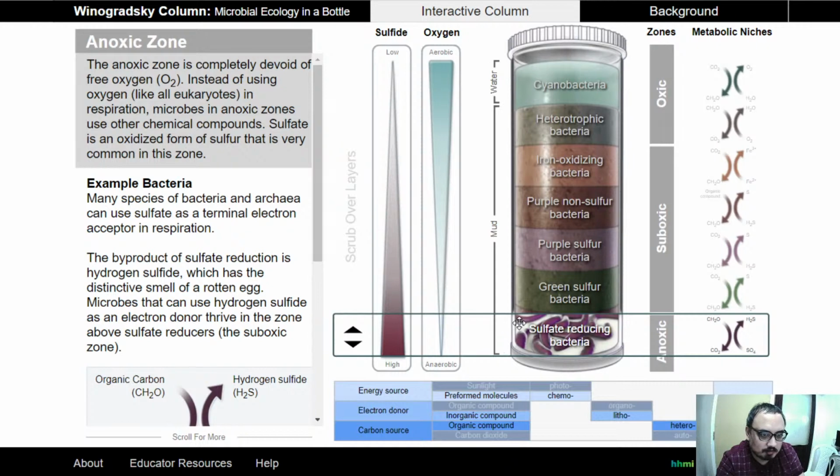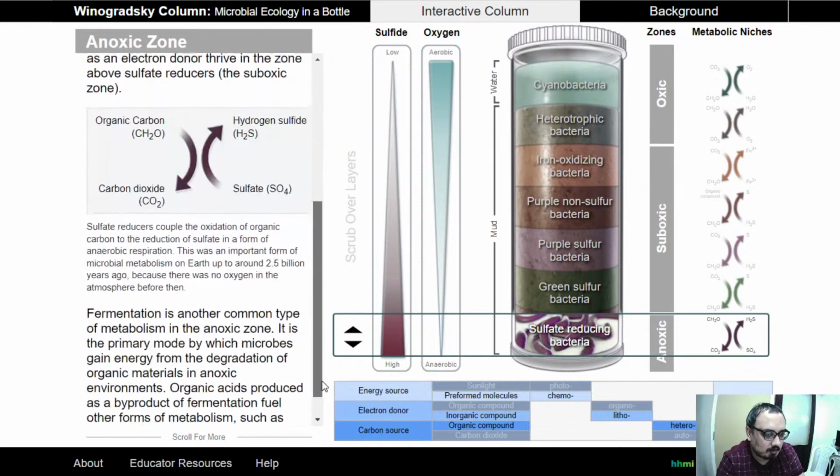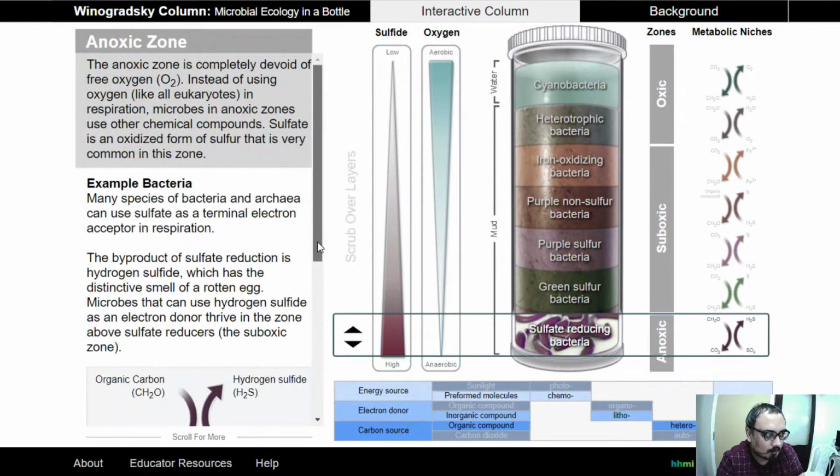The last ones are the sulfate reducing bacteria. They use chemical substances for their energy, for electron donor they use inorganic compounds, and for carbon source they use organic compounds. So they are chemolitho heterotrophs.